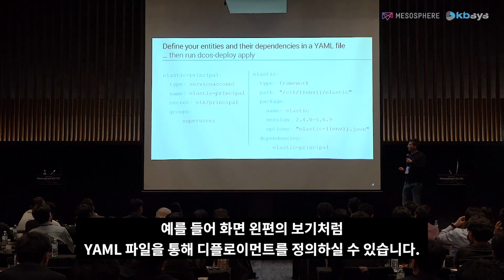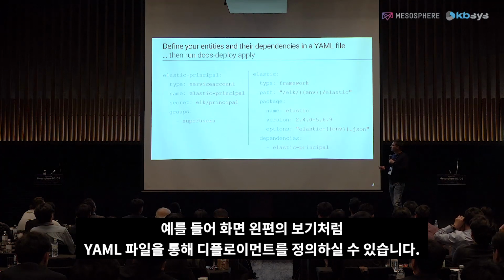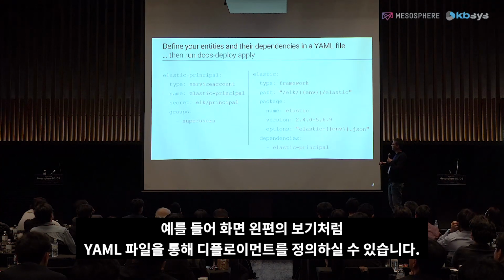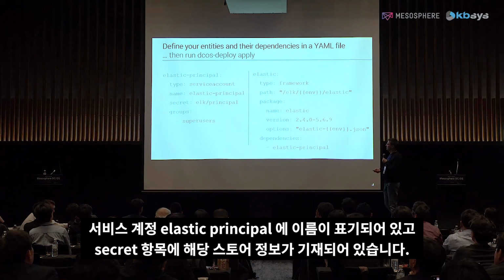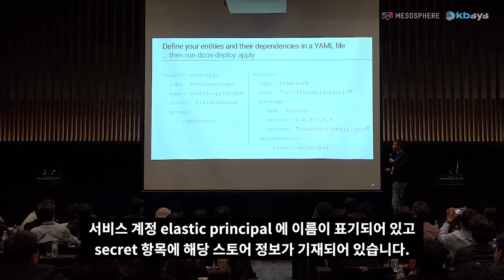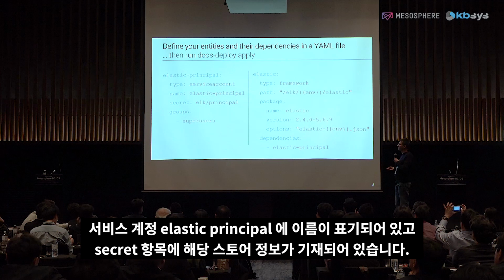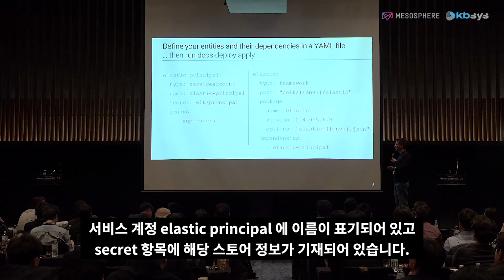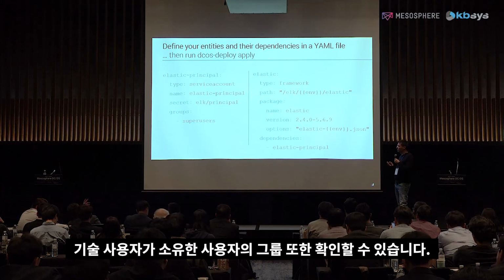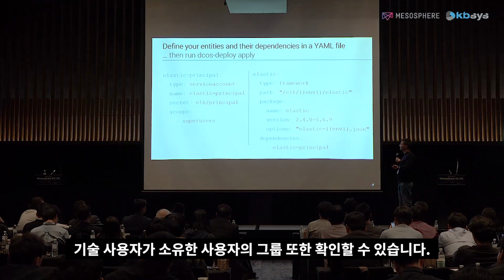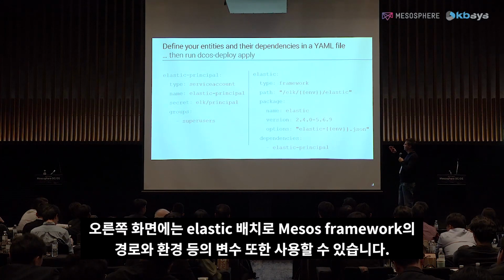Maybe to give you an example, you can define your deployments using YAML files. Here on the left, we have defined an elastic principle. That's a service account, type service account. It has a name, it references a secret in the secret store, and it defines a group to which the user belongs, the technical user. And then we have the elastic configuration on the right.